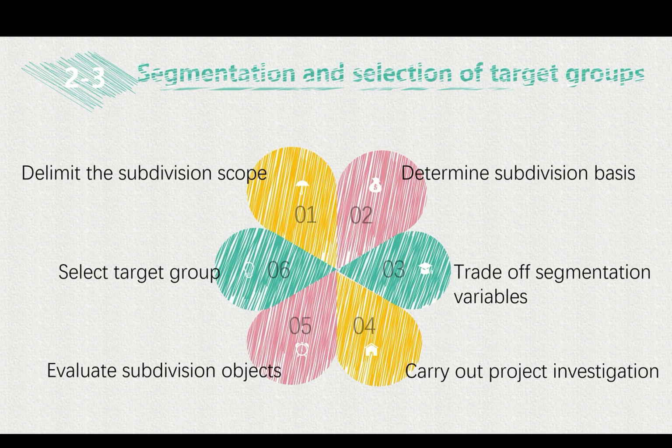Therefore, charitable organizations can choose target groups according to certain standards. Even in the future, they can design multiple projects at different stages to gradually solve the multiple problems faced by the target group.